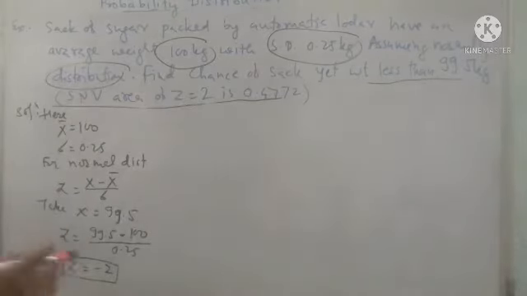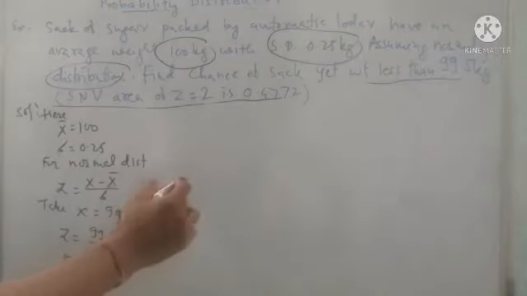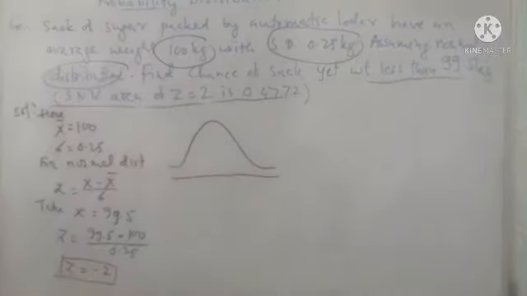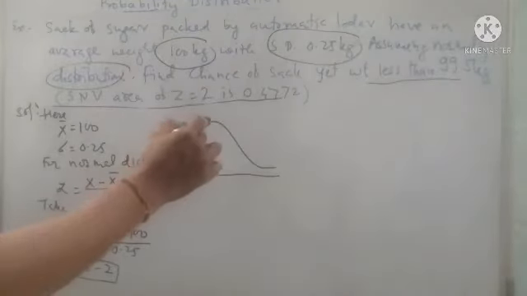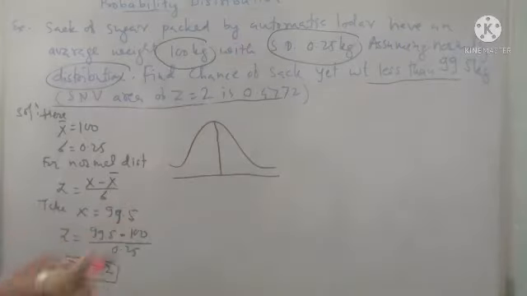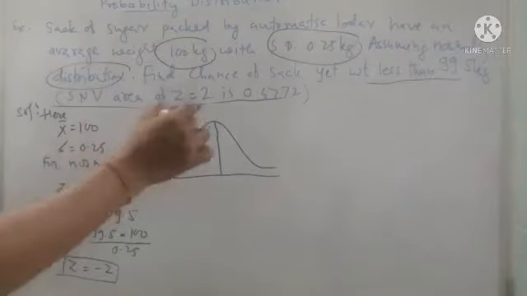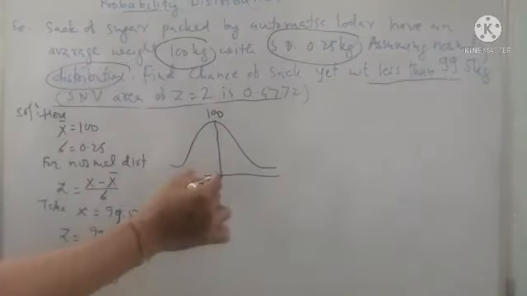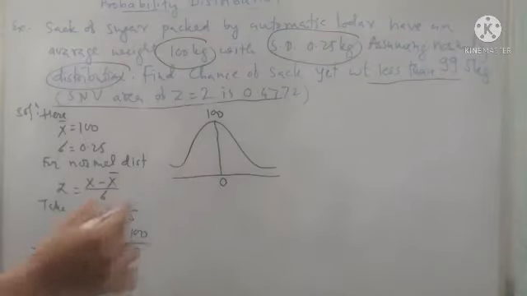As we get z equal to minus 2, we can represent this z on the graph of the normal distribution. The maximum height, the point on the curve, represents the average of the distribution, which is here 100, and the corresponding z on the axis is always 0.